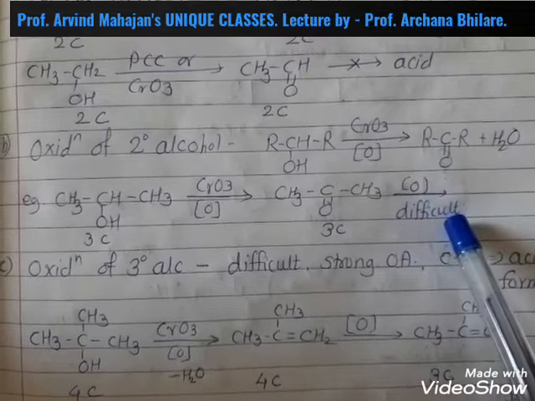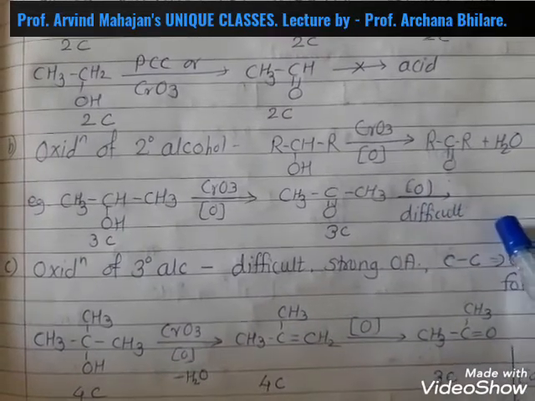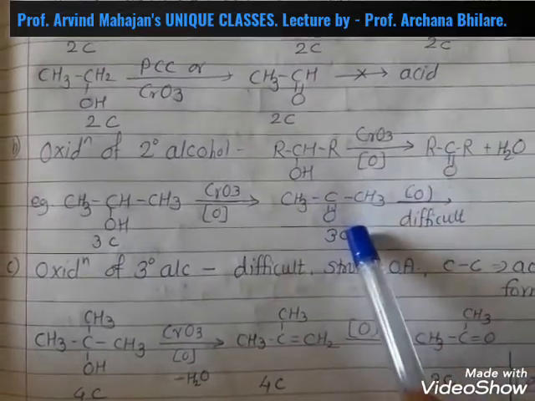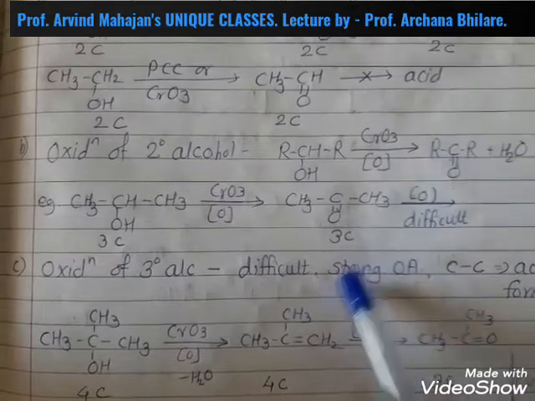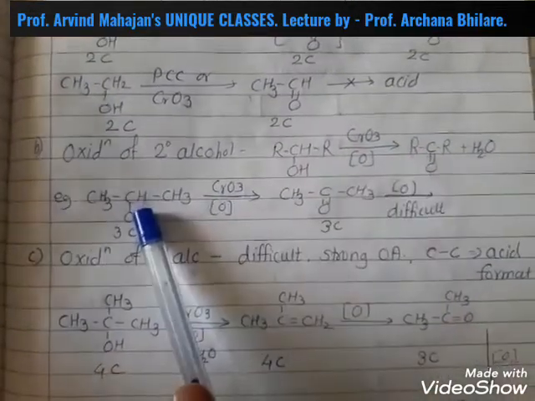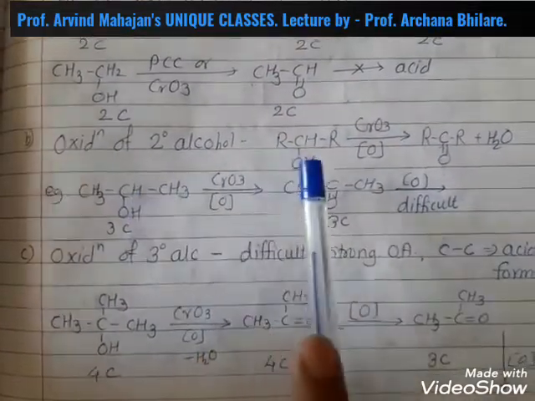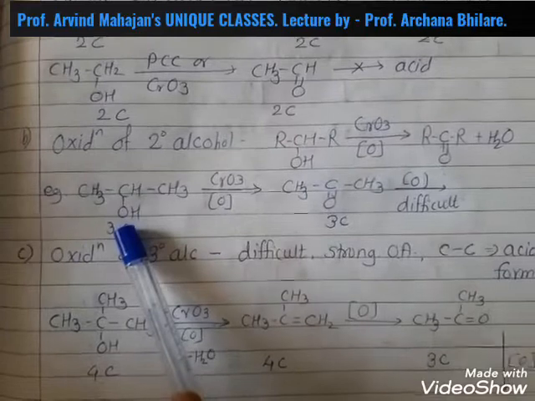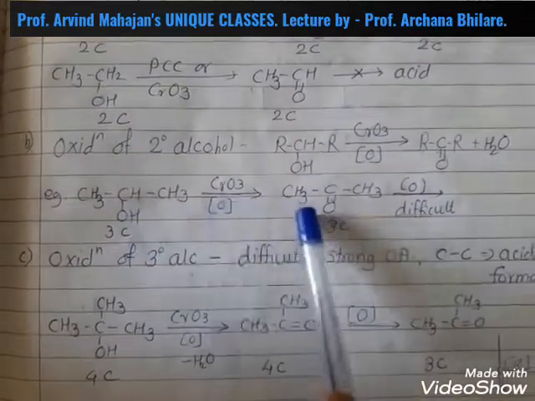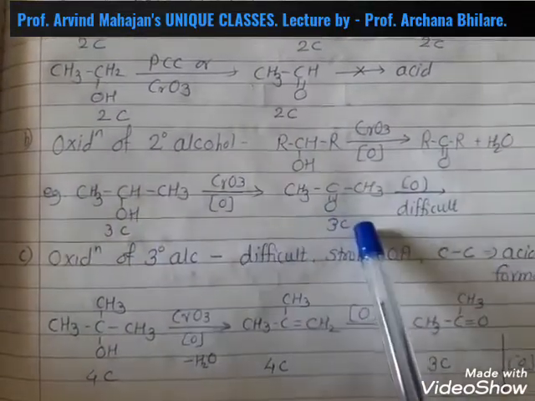This is not oxidized further because breaking of the C-C bond is difficult. Okay. So what happens in secondary alcohol? Secondary alcohol is oxidized to ketone. The number of carbon atoms in alcohol and ketone are the same.